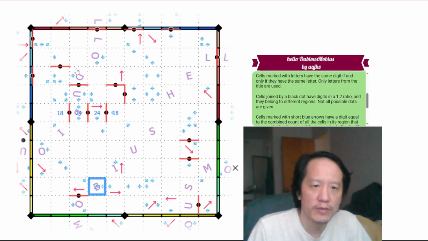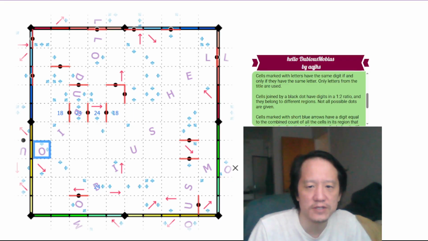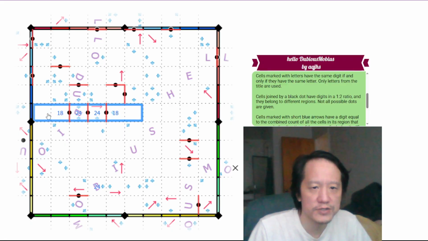That's interesting. That means L and... Okay, so L and O... I guess we could just mark these with letters, right? Well, we already see them, so we don't really need to mark those with letters. The rest of row... Okay, so this is 2 or 4. It sees this way. This is 2 or 4 that it sees this way.